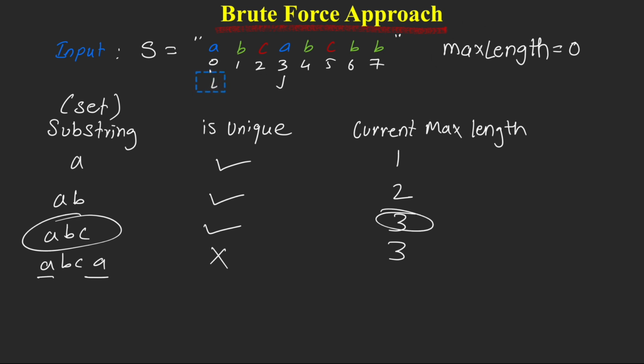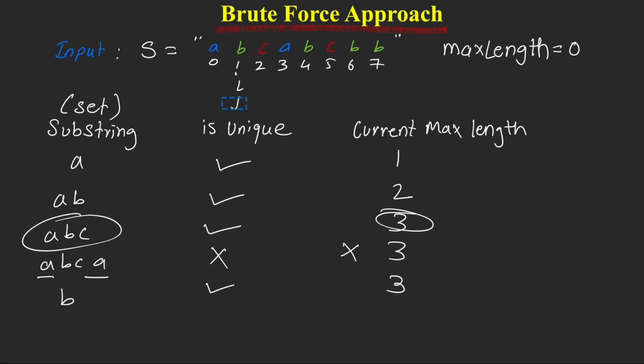Increment the outer loop. I now points to B and the inner loop starts from I. So next substring is B. Is B unique? Yes. Length of B is 1. Is 1 greater than the current max length which is 3? No. So current max length stays 3.